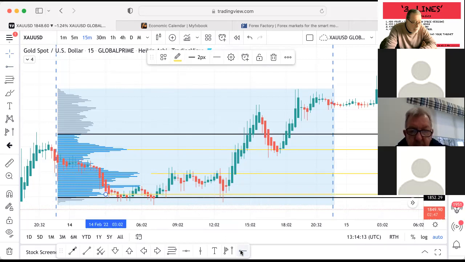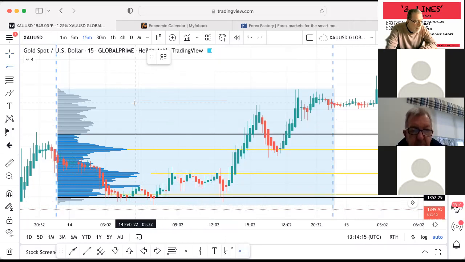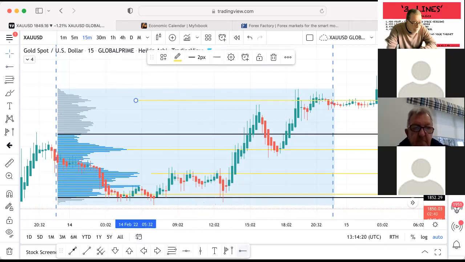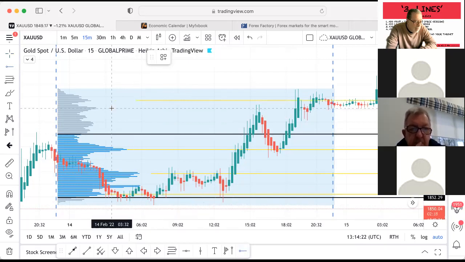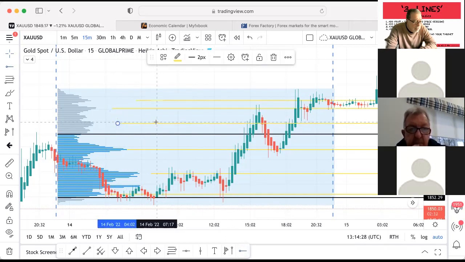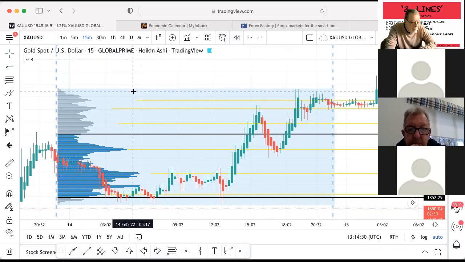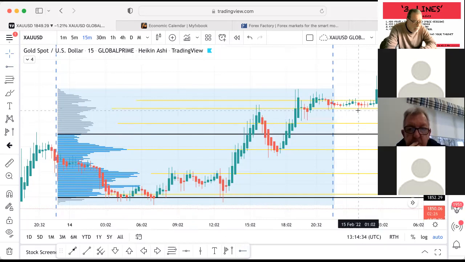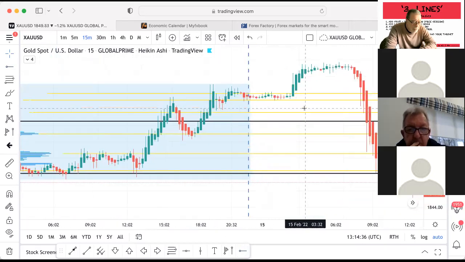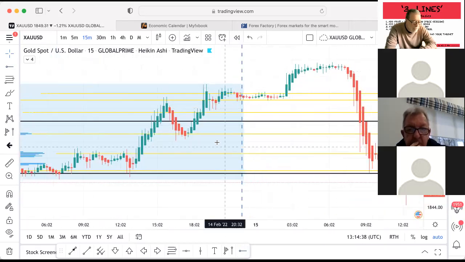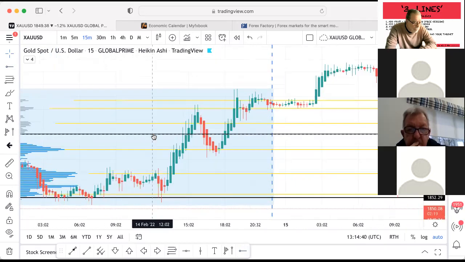And I'm also going to put some, I'm not sure whether these will turn out to be significant, but we'll put them there anyway. And that's an area around about there. Okay, so we'll come back to those later. So this is today's trading. This is yesterday's trading.